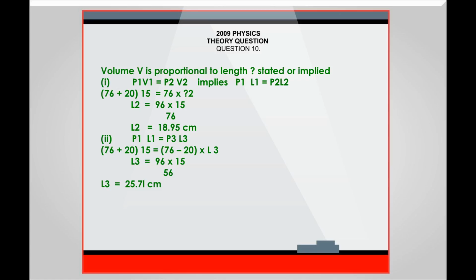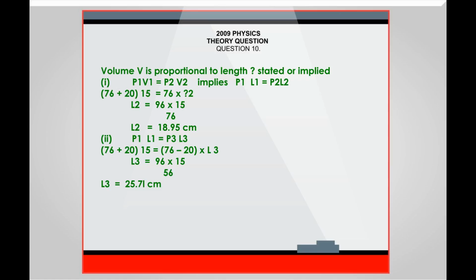In parentheses, 76 plus 20, times 15 equals 76 times L2. L2 equals 96 times 15 all over 76. L2 equals 18.95 centimeters.